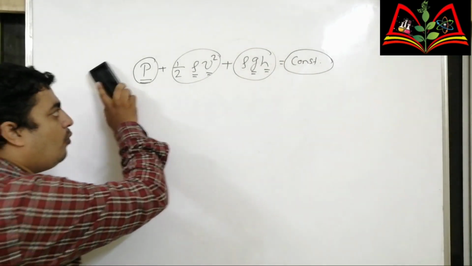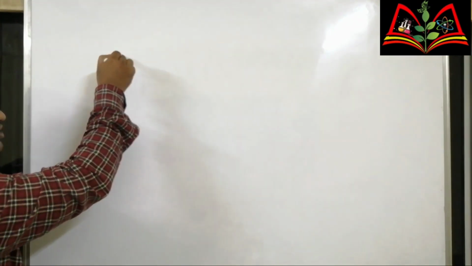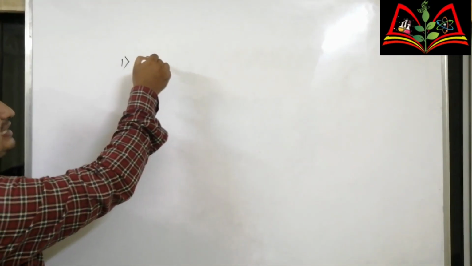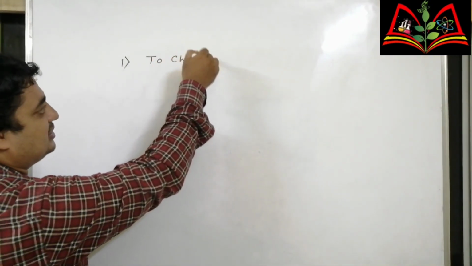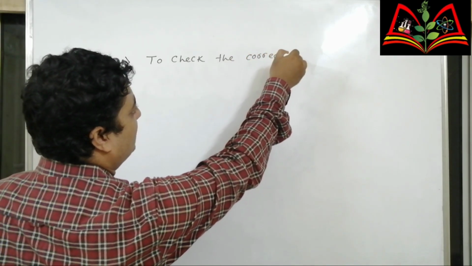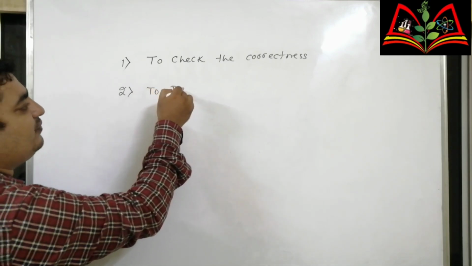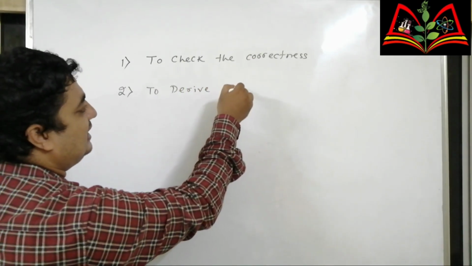Now, how can we use this principle of homogeneity? We can use it in three processes. First, to check the correctness of an equation. Second, to derive a new physical relation.